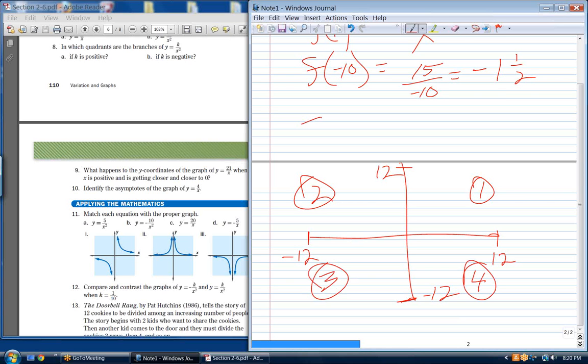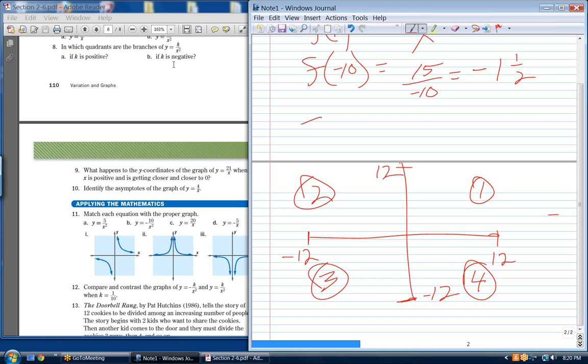What does it mean by branches? Each one of these things is a branch. So then it would be in 1 and 3.